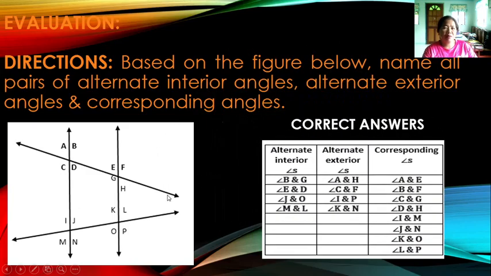This is the table showing the list of pairs of angles that belong to alternate interior angles, alternate exterior angles, and corresponding angles. So try to compare your answers with the one shown on the presentation.